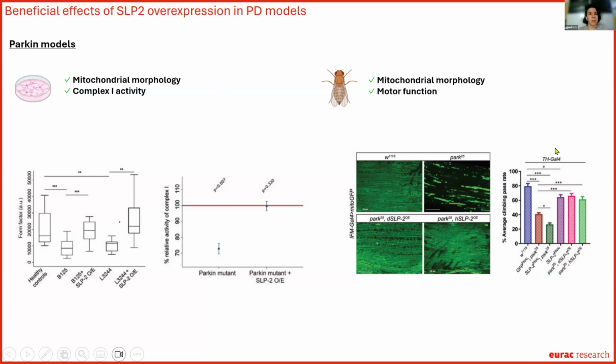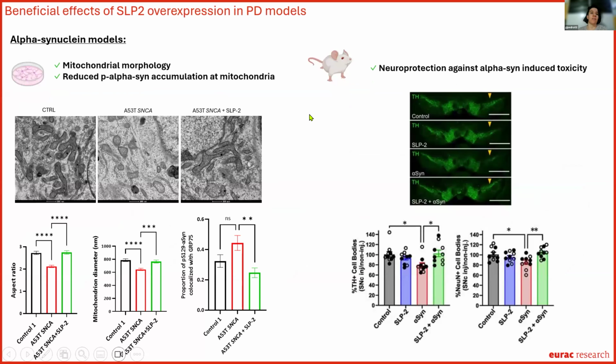The same beneficial effects were also seen in alpha-synuclein models, where again we can rescue mitochondrial morphology and reduce the accumulation of phospho-alpha-synuclein at the mitochondria. In vivo, we have neuroprotection against toxicity induced by alpha-synuclein.